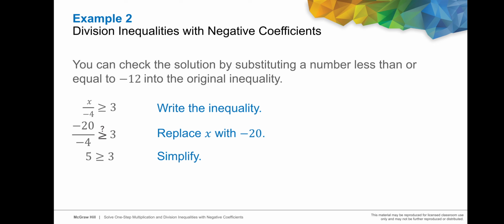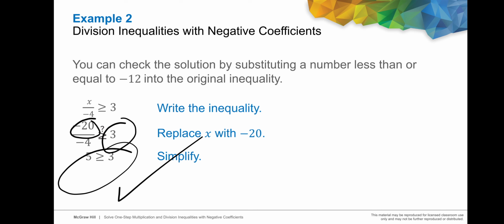So I will put it in and try it. Now, negative 20 over negative 4 is 5, because negative over negative is equal to positive, as we said last time, or in the first semester, I mean. Now, 5 is more than or equal to 3, and this is true.